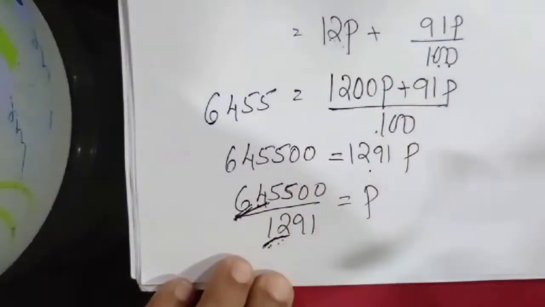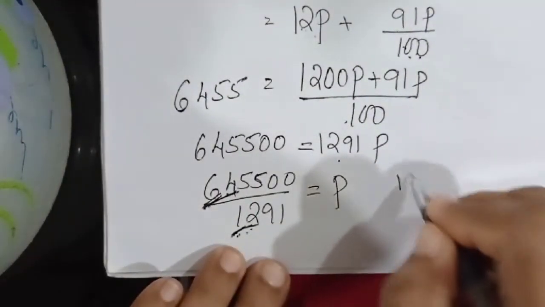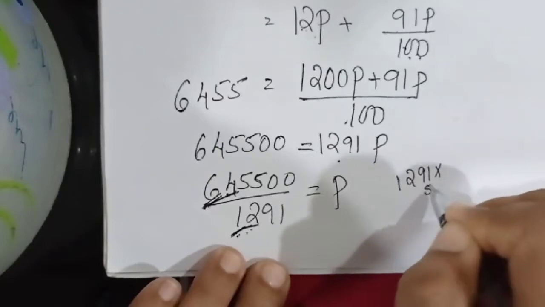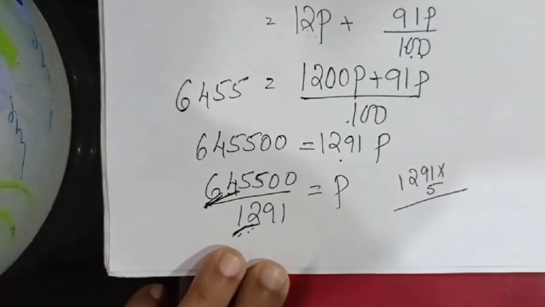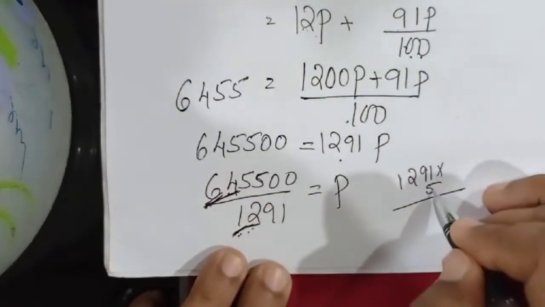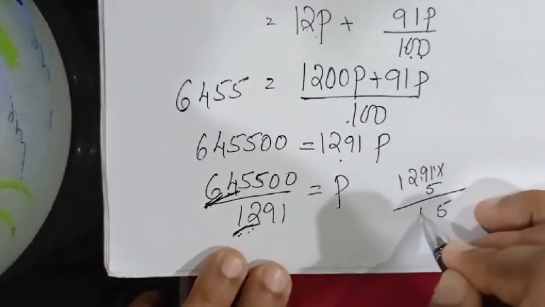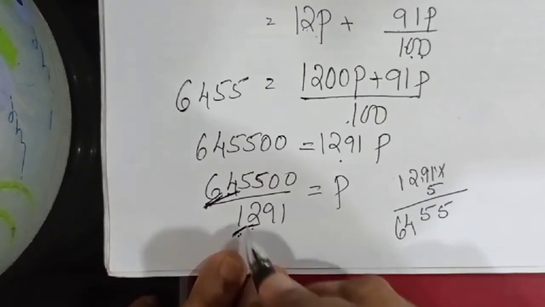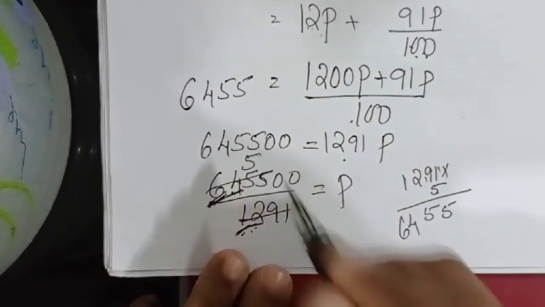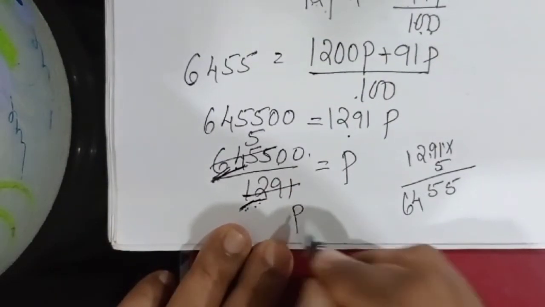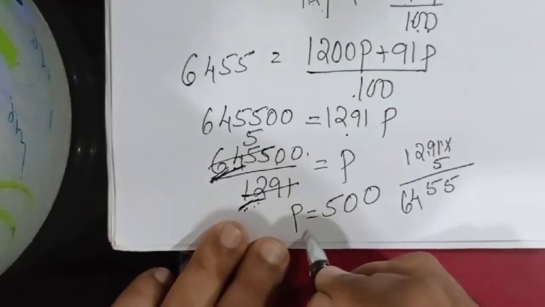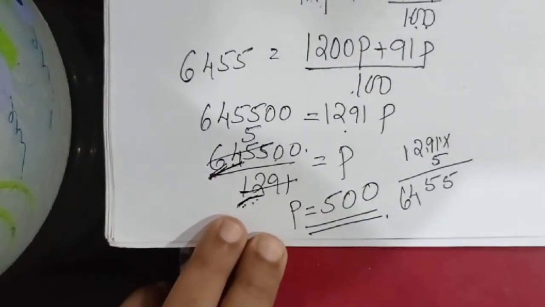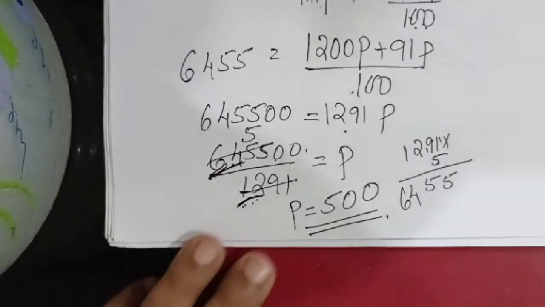That is the maximum. Therefore, try 1291 into 5. Understand? Or direct division. 1 5s are 5, 9 5s are 45. Yes, 5 times. Then 2 more zeros. Therefore, P is equal to 500. Right?